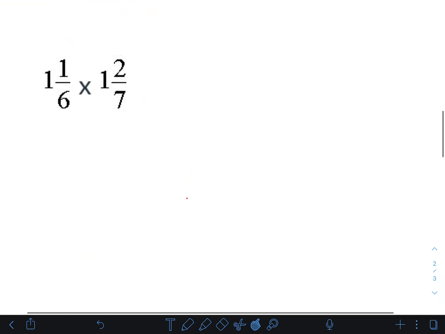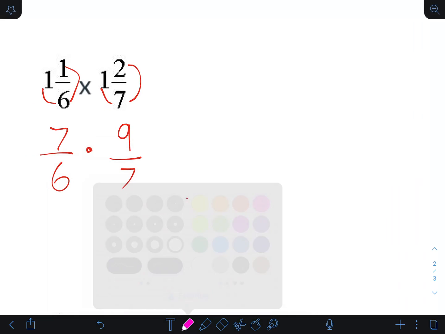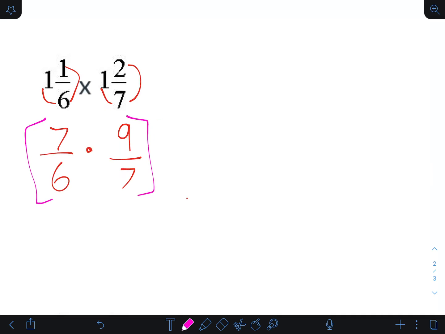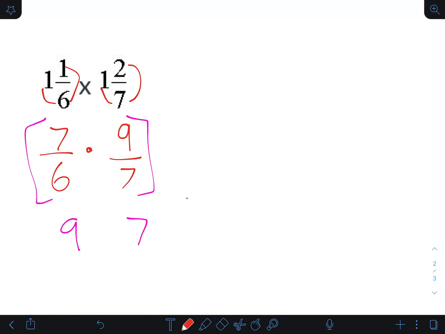Let's look at another one. Okay, 1 times 6 is 6, plus 1 is 7. 7 sixths. 1 times 7 is 7, plus 2 is 9. 9 sevenths. So now let's take a look. I cannot reduce 7 sixths, and I can't reduce 9 sevenths. So flip the numerators. Put a 9 over here and a 7 over here. And that gives me 9/6 over 7/7.